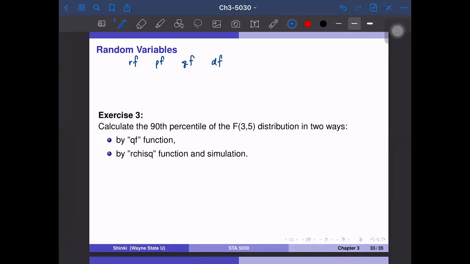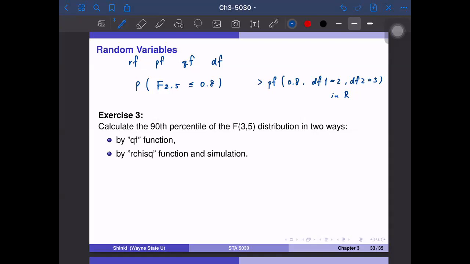For example, if you want to calculate the probability that F distribution with df1 equal to 2 and df2 equal to 5 is less than, for example, 0.8, then this is calculated by PF of 0.8, df1 equals 2, and df2 equals 5. So in R, you can use this code to calculate this.